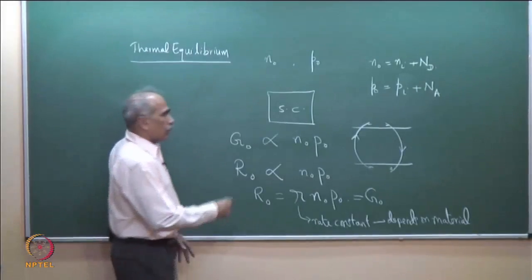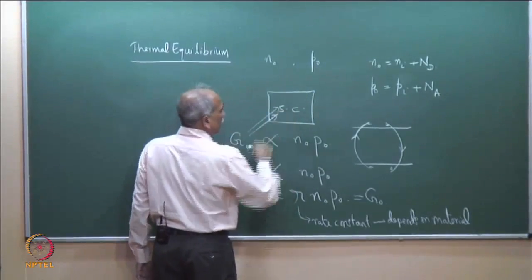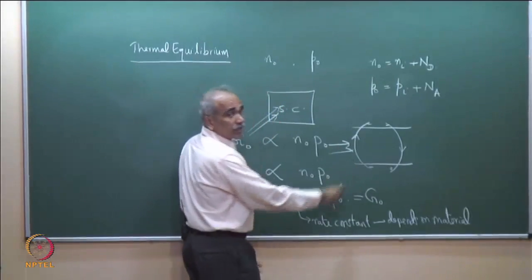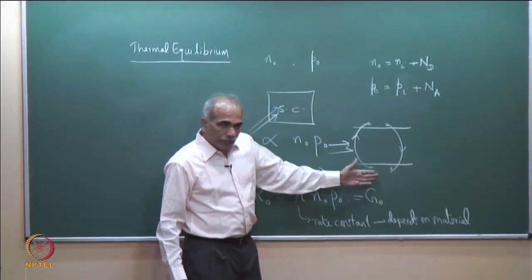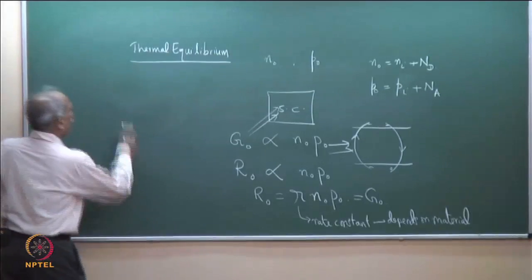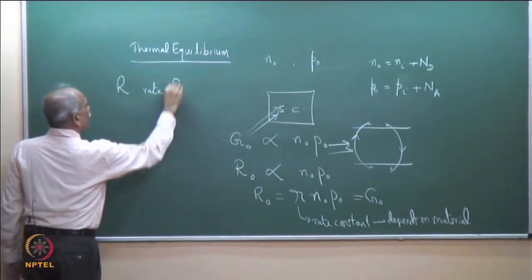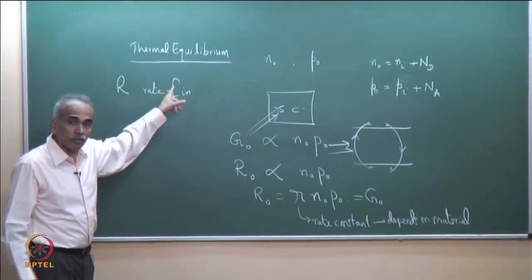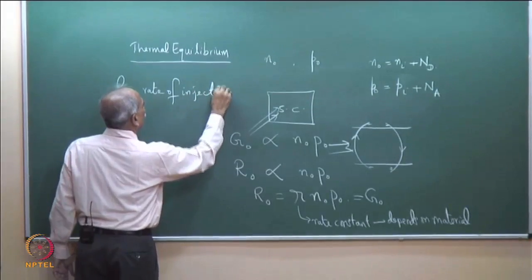Assume that now we put a beam of light from outside, which creates additional electrons and holes. That is, we are now moving to quasi equilibrium. So, somehow if we create additional electrons or holes, with R as the rate of injection, that is, additional, not thermal, generation of carriers.